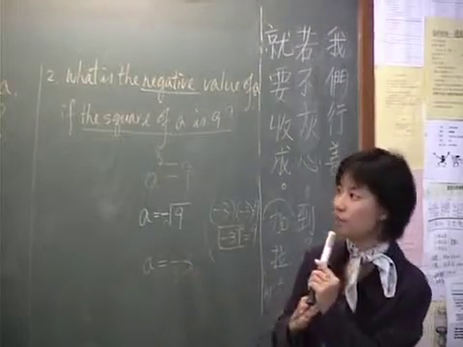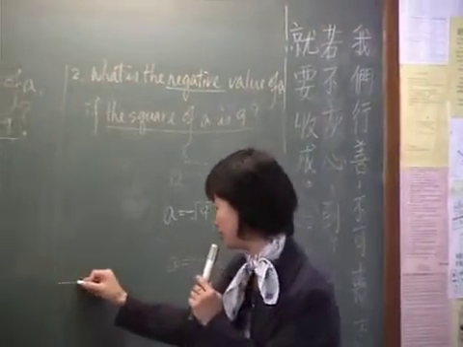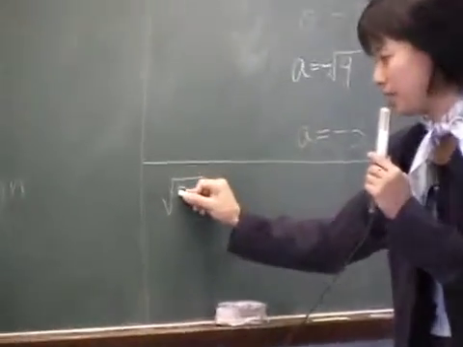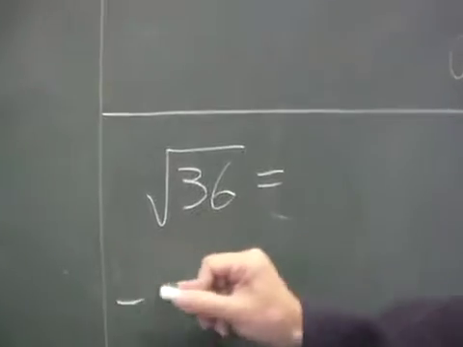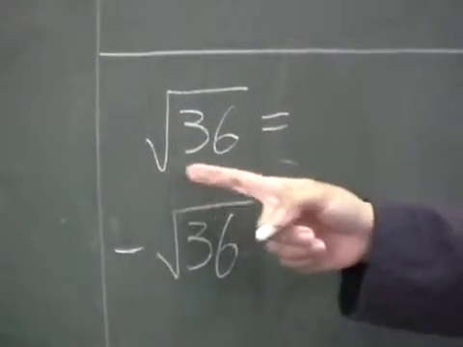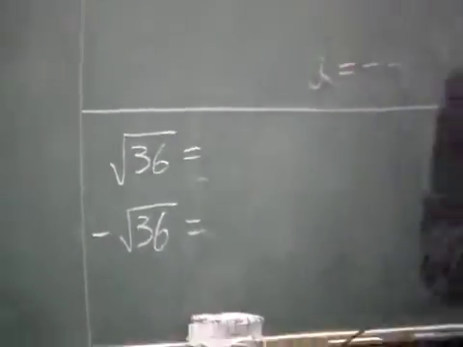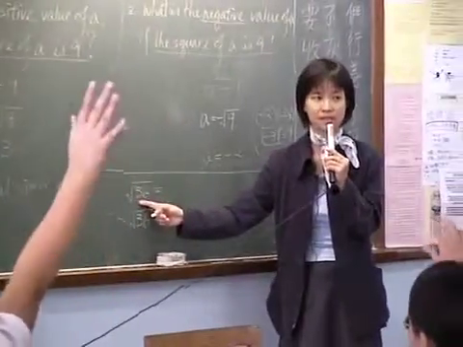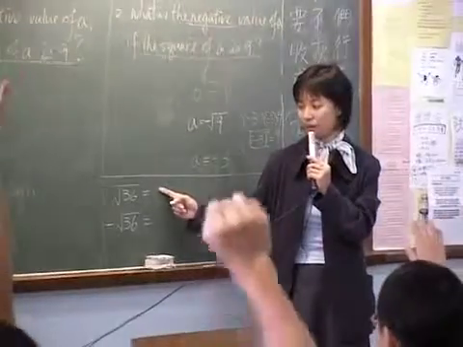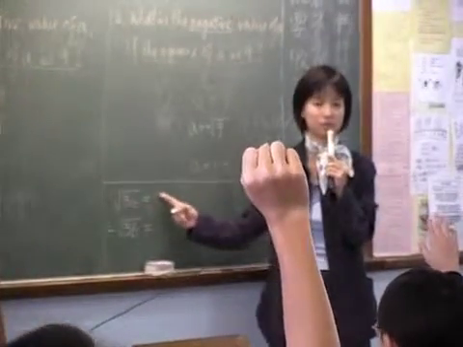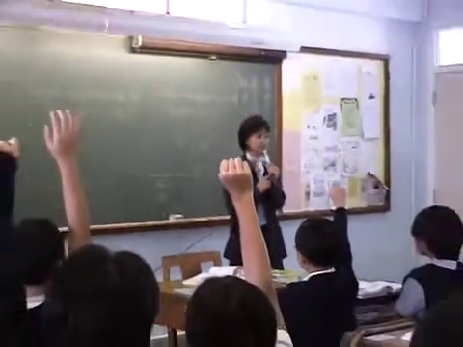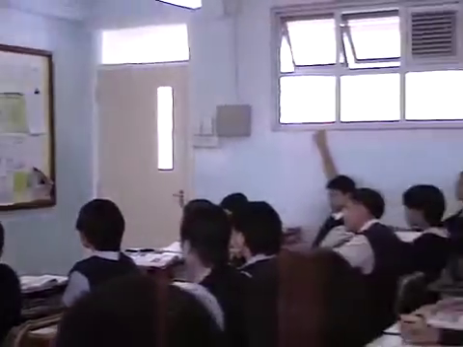Okay? So now I want you to find this question. Square root of 36. Can you find the answer? Square root of 36 means find a number whose square equals 36. So which number? 6.